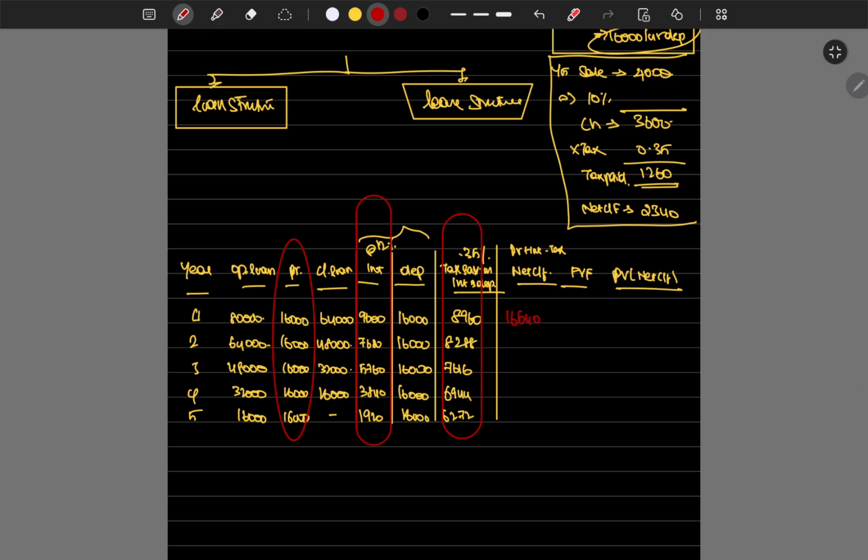Then 16,000 plus 7,680 minus 8,288 is 15,392. Then 16,000 plus 5,760 minus 7,616 is 14,144. 16,000 plus 3,840 minus 6,944 is 12,896. 16,000 plus 1,920 minus 6,272 is 11,648.